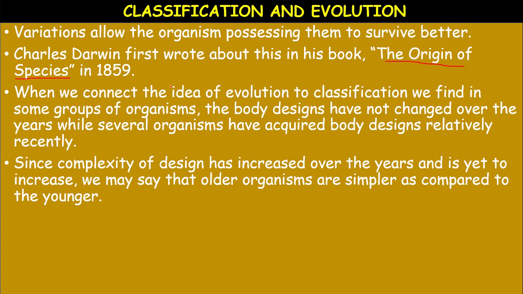Since the complexity of design has increased over the years, we may say that older organisms are simpler as compared to the younger organisms. During the process of evolution, several changes took place.